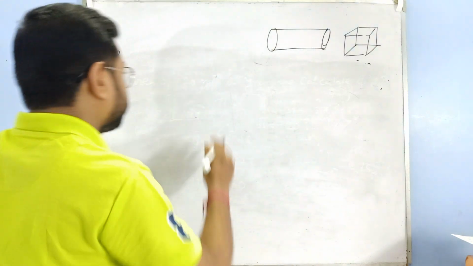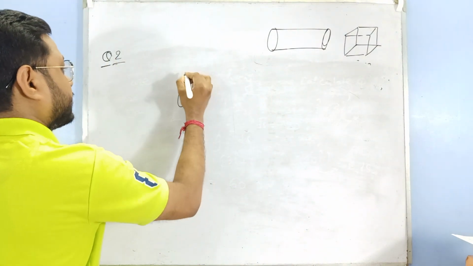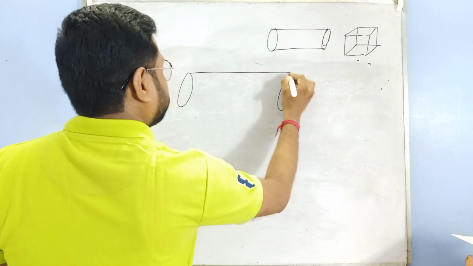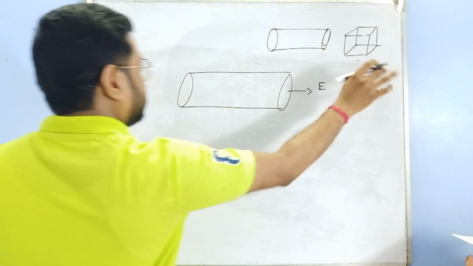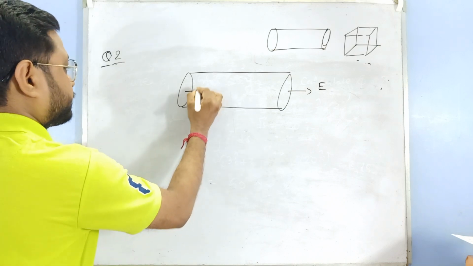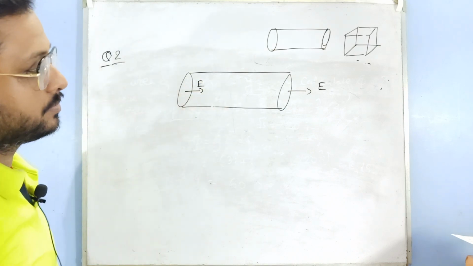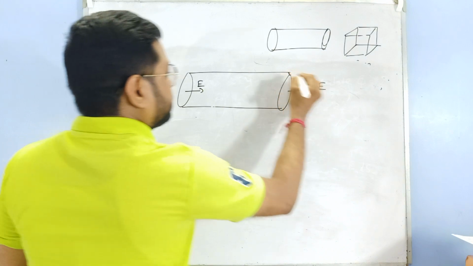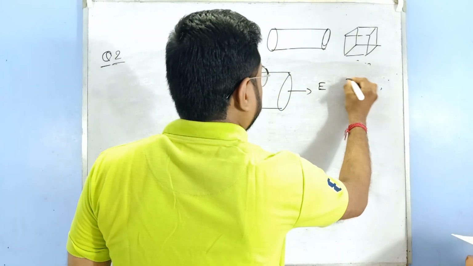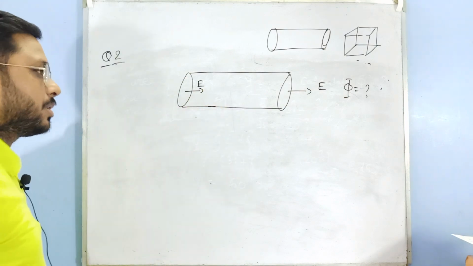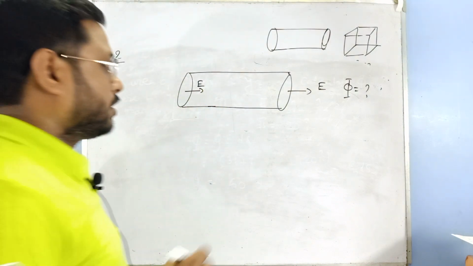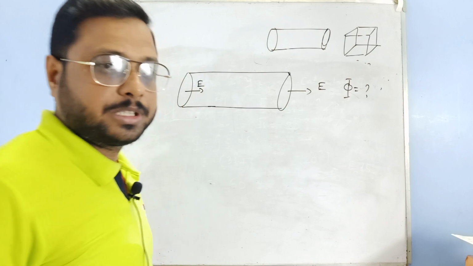Let us consider a cylinder placed in a uniform electric field E acting along this way. Calculate the total flux phi due to charge Q of this cylinder. How can you solve this problem?